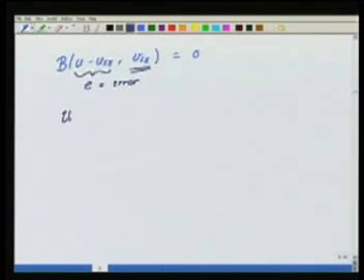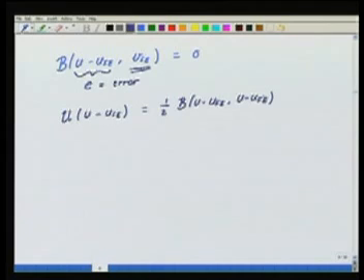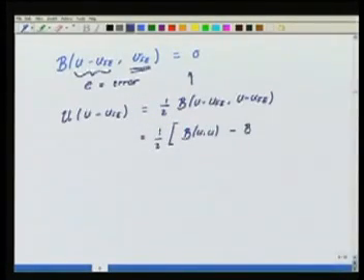So, if this is true, then we can talk of the strain energy of u minus u_FE, which is equal to half of B(u minus u_FE, u minus u_FE), and using what we have obtained here, this will be equal to half of B(u, u) minus half of B(u_FE, u_FE).